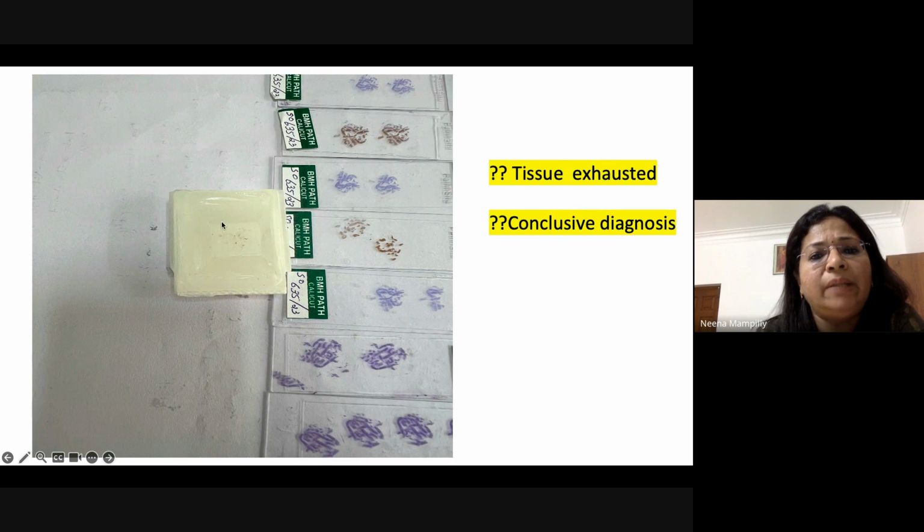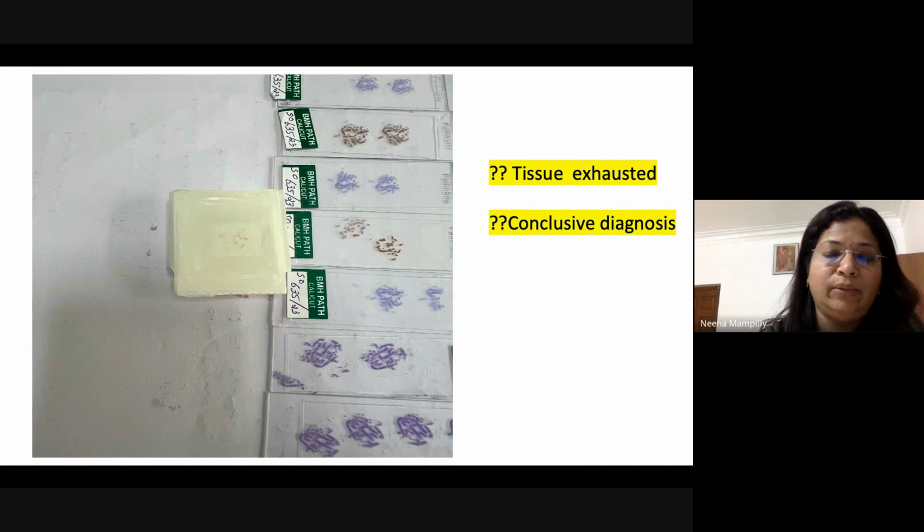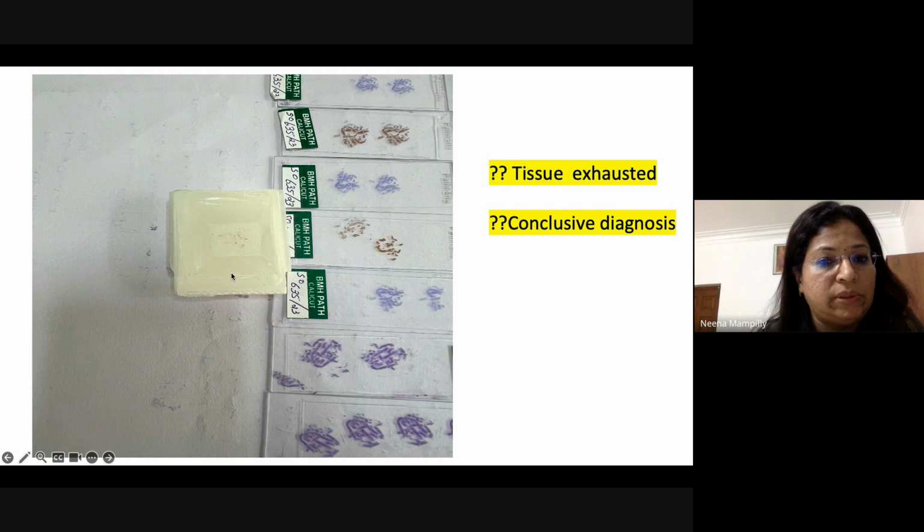This again, I would say the pathologist does cut a sorry figure, because once you start working with IHCs, you have to make sure that you give a proper diagnosis, you end it. If you start working, you should get the diagnosis and not leave it halfway done, where the block is exhausted.